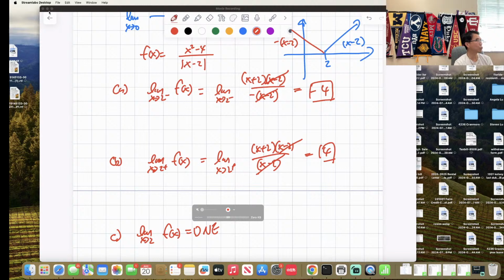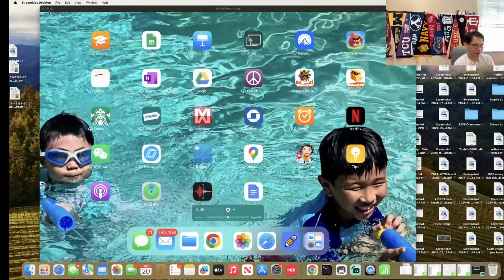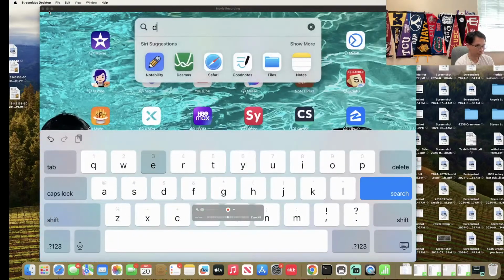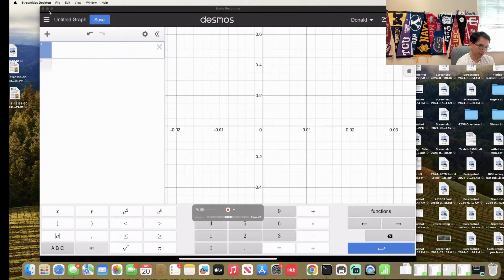Now, let's look at things graphically. Do you know what the graph looks like? It's x squared minus 4 in parentheses, divided by the absolute value of x minus 2, and it's going to look like this.